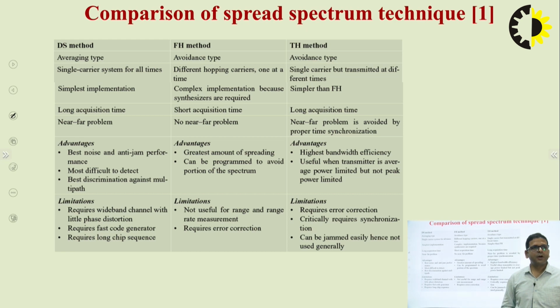Direct sequence spread spectrum is simple to implement. Frequency hop is complex, and time hop spread spectrum is simpler than frequency hop spread spectrum.